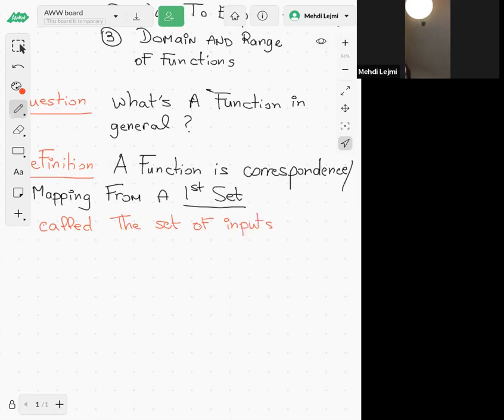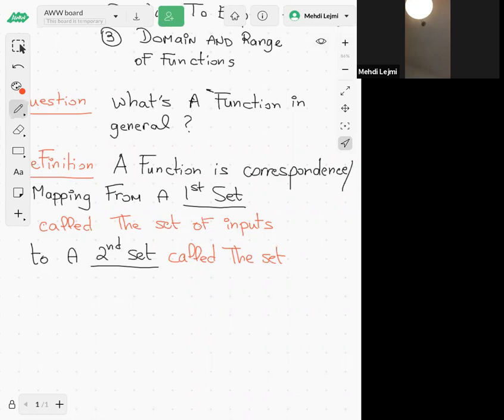Okay, to a second set, right? And the second set is actually called the set of outputs. And actually, this correspondence or mapping obeys one rule.